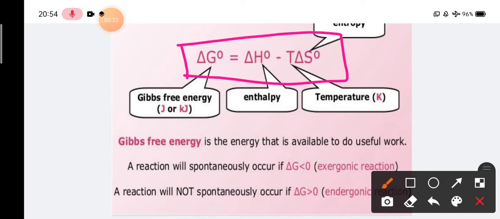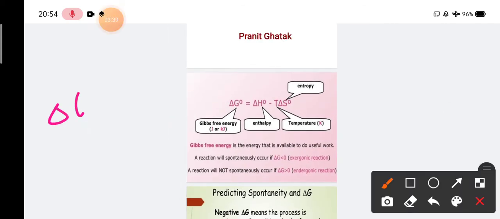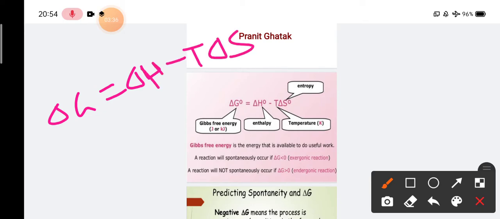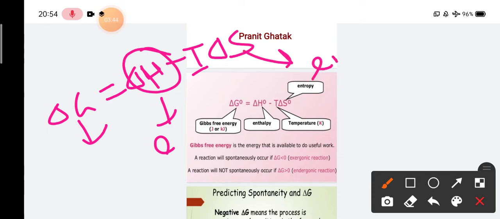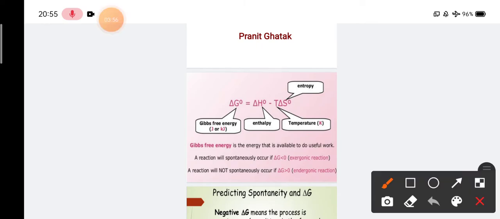Or we can simply write it as delta G is equal to delta H minus T delta S, where delta G is the Gibbs free energy, delta H is the change in enthalpy, T is temperature, and delta S is the change in entropy. This is the requisite equation by which we can easily calculate the value of delta G, that is, Gibbs free energy.